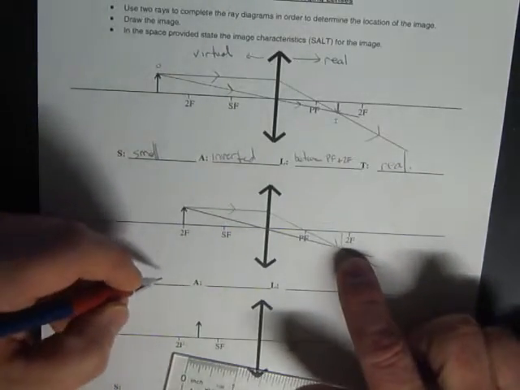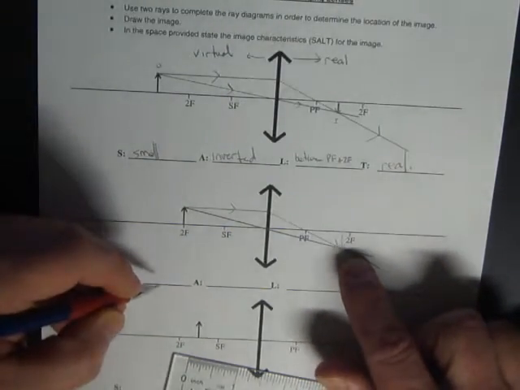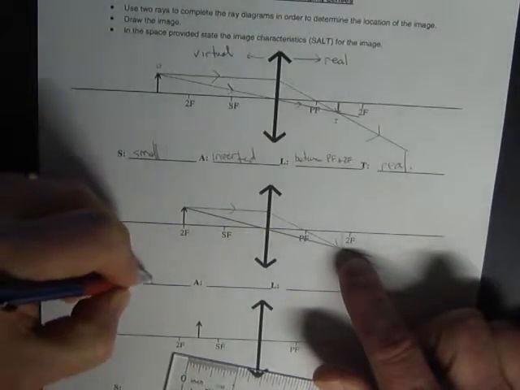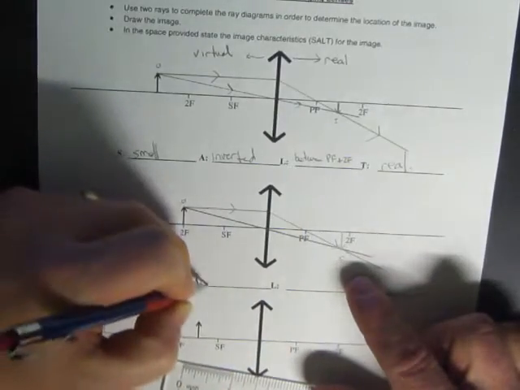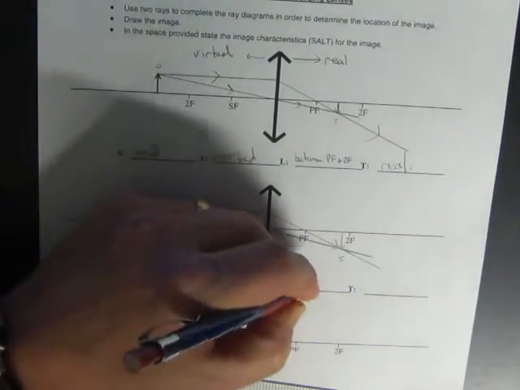This is not bad, it's pretty close. Yep, same. Attitude, inverted. Yours might be a little behind. If you made a little error on that one ray, it moves it. Don't worry about it. Location, I'm going to put here at 2F because that's where it's supposed to be.